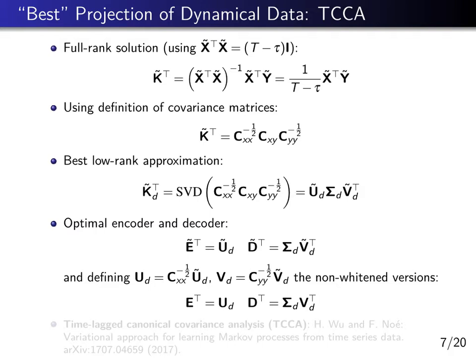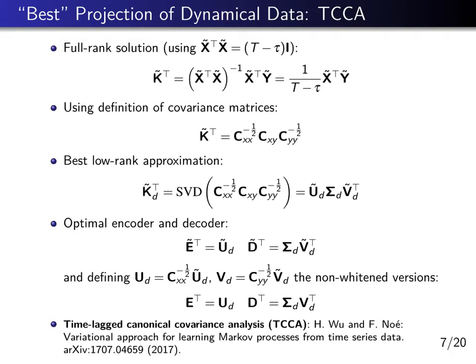We get the optimal encoder that is given by U_d, and U_d equals Cxx to the minus 1/2 times this U tilde that we get out of the singular value decomposition. In the same way, we can also write the optimal decoder as sigma V, and V equals Cyy to the minus 1/2 times the V tilde that we get out of the singular value decomposition.